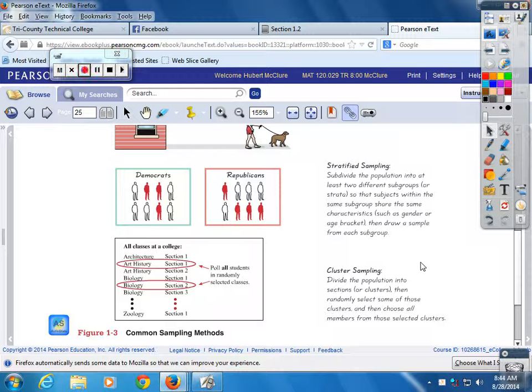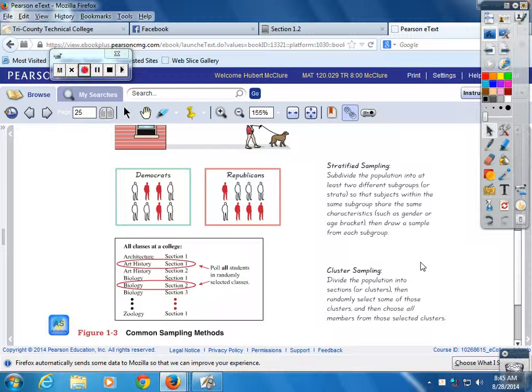Have you ever filled out an application and it has Caucasian, Afro-American, Pacific Islander? Mud. I'm a mud. All right. That's stratified. You're breaking up the population into what?